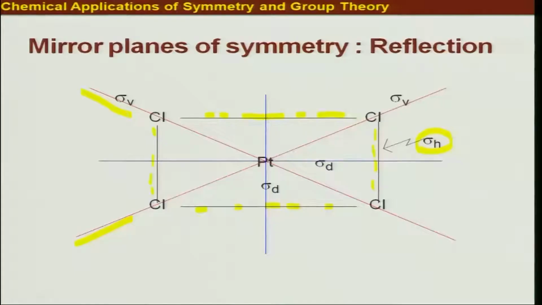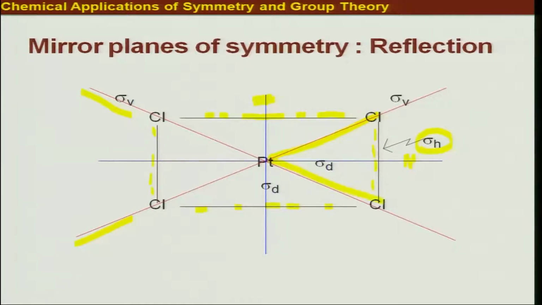So this is a sigma v plane. Now you can have two other types of planes also, which are shown here using the blue colors, right? So these two contain the principal axis of symmetry, that is C4, and also they bisect the dihedral angle.